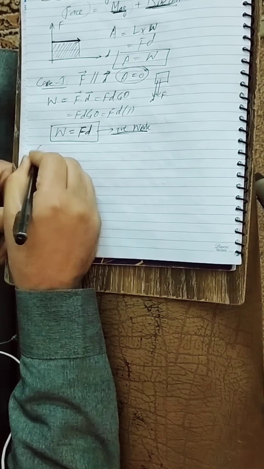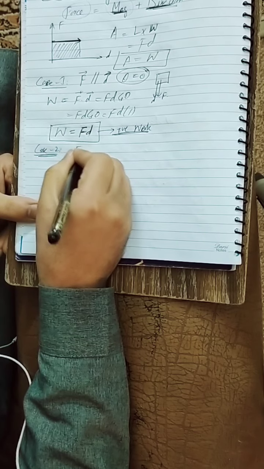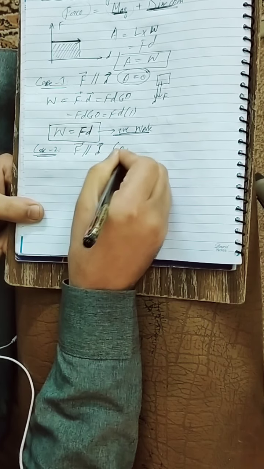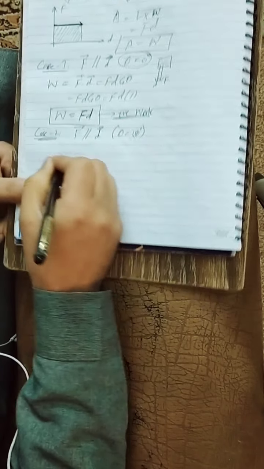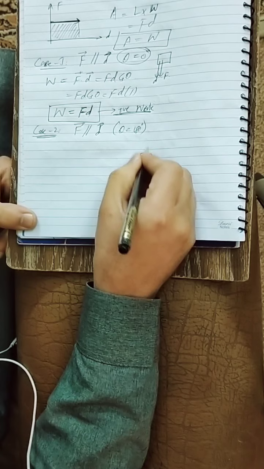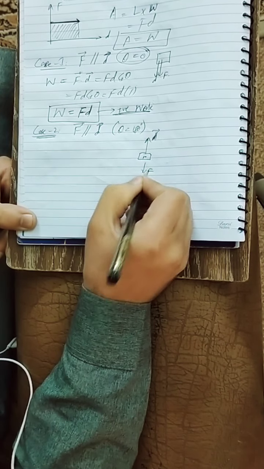Okay. Now look at case number 2. If force and displacement are anti-parallel, it means theta is 180 degree. Suppose the mass is moving up with displacement d and the force of gravity is down.